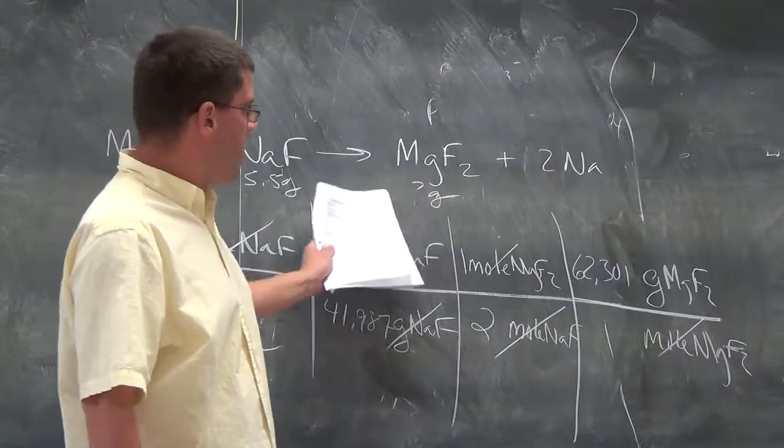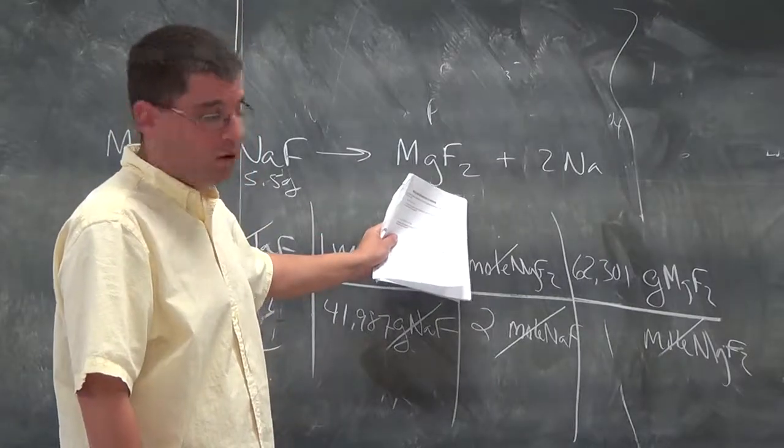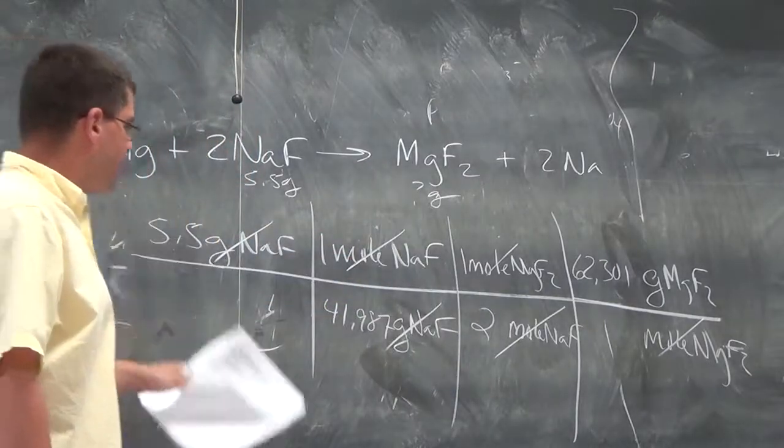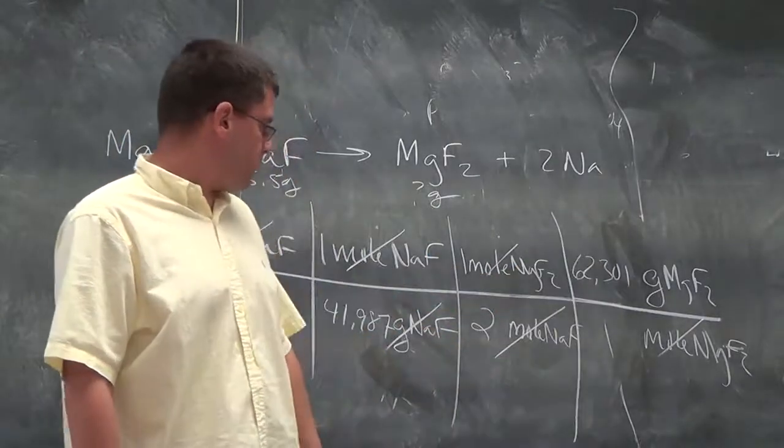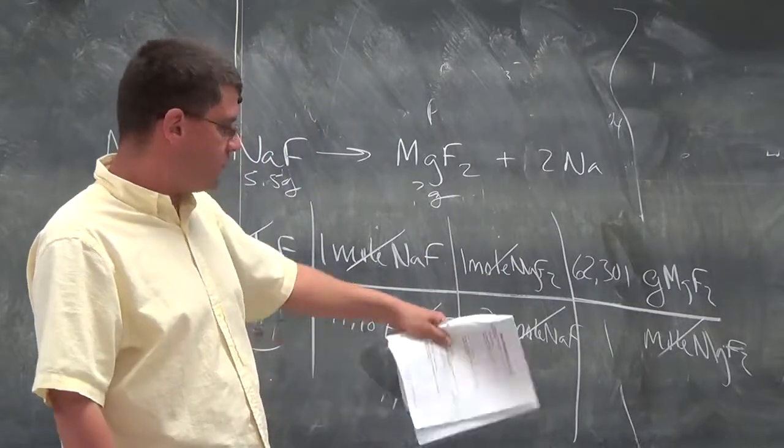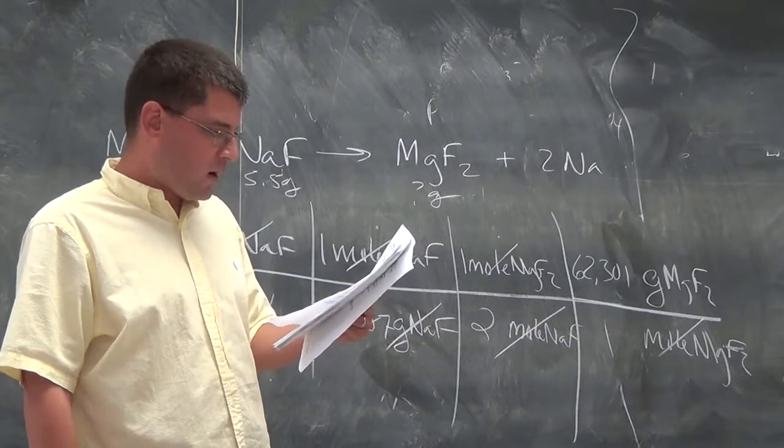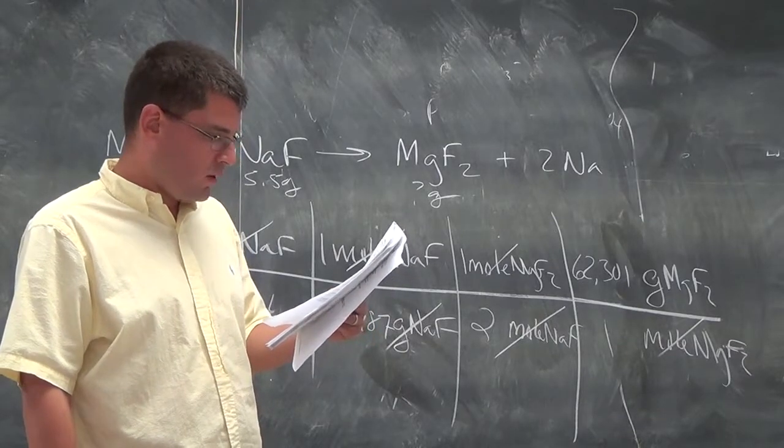So now to determine how much of that is produced, you take 5.5 grams times 62.301 divided by 41.987 times 2. Your final answer. What is it?